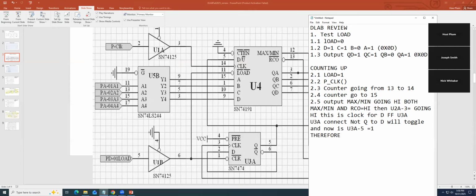U4 pin 5 equal 1, okay, stop counting down. Right. Okay, that makes sense, right?